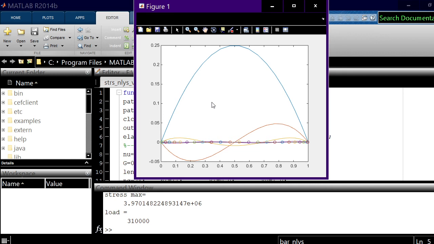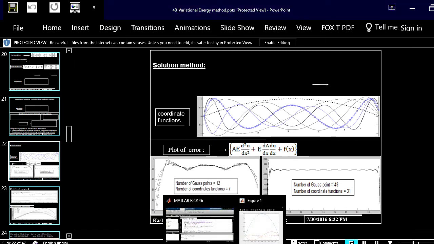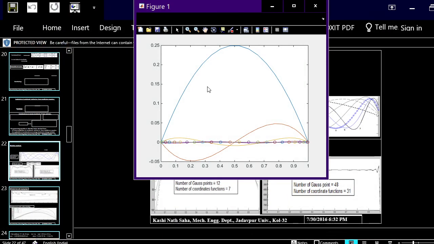So these are the functions which are generated. Now this particular plot and the plot we have seen earlier are identical, but why do they look different? Because this particular plot is normalized.